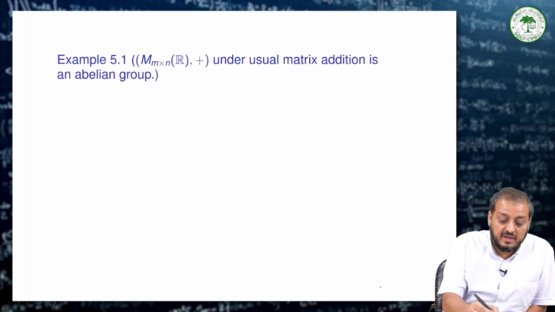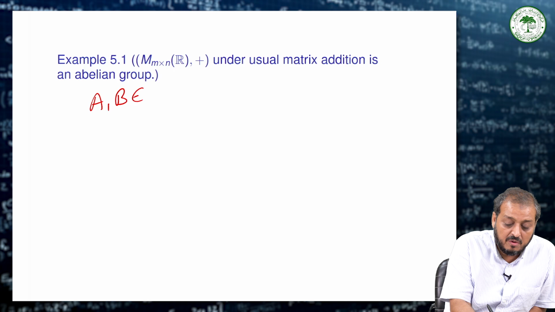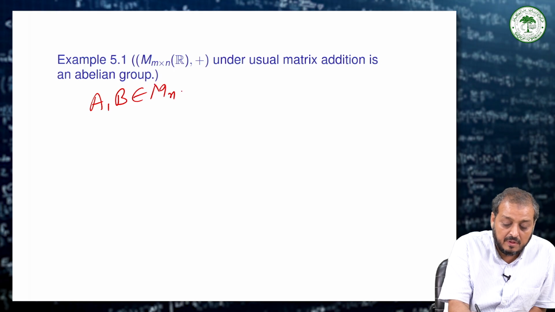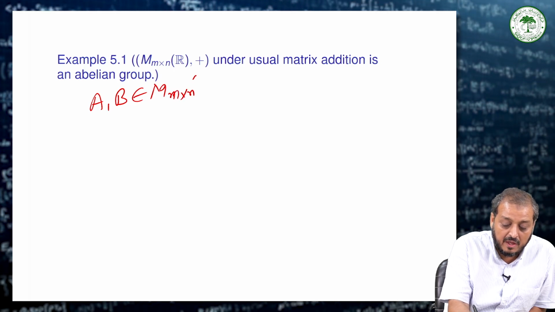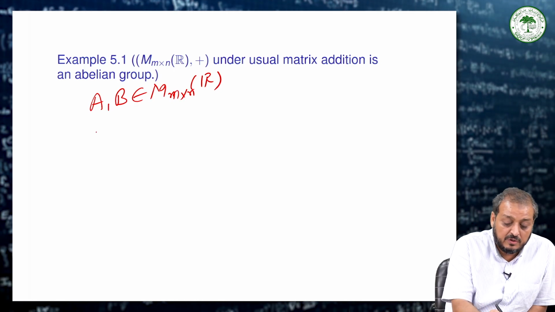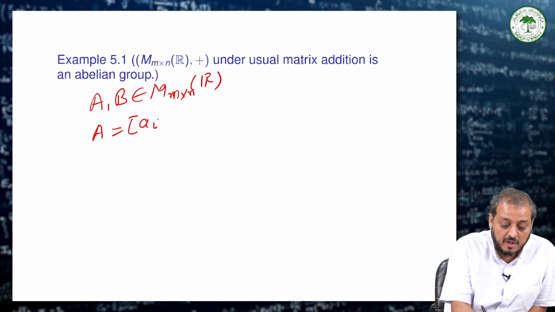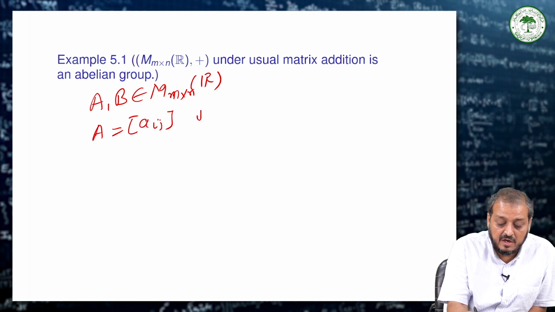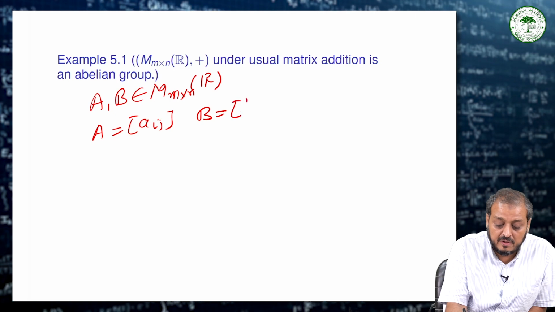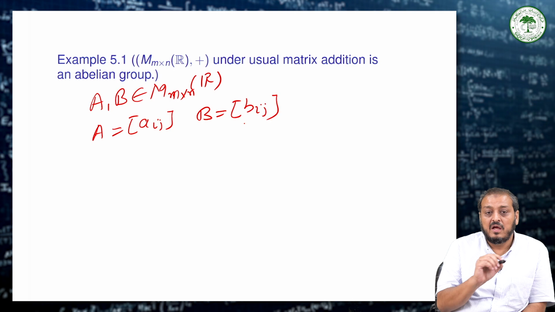So let A and B belong to the set of m by n matrices over the real numbers R. We denote A as A of ij and B as B of ij. These are m by n matrices.